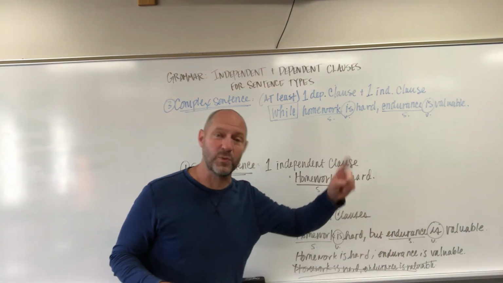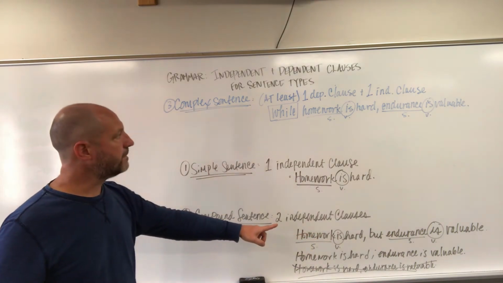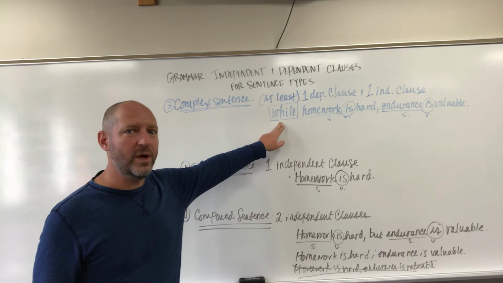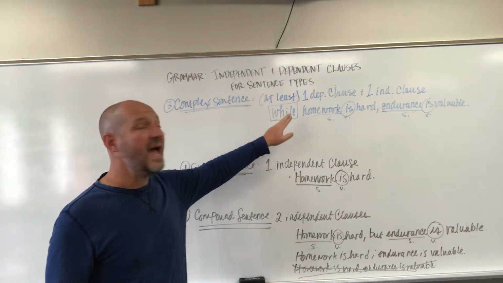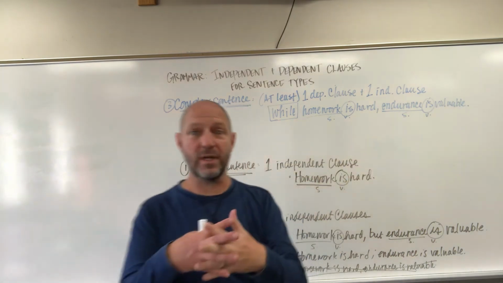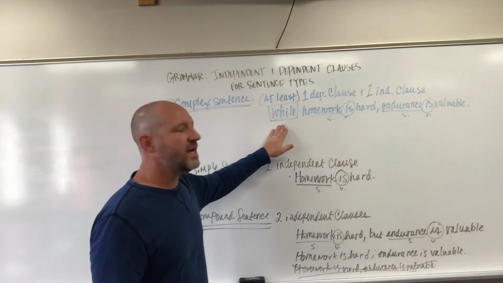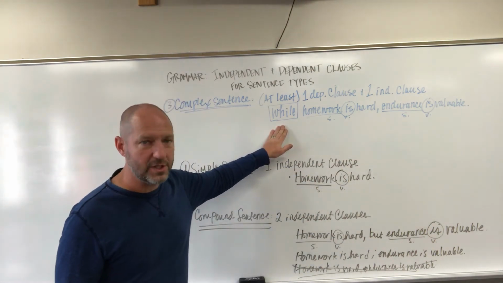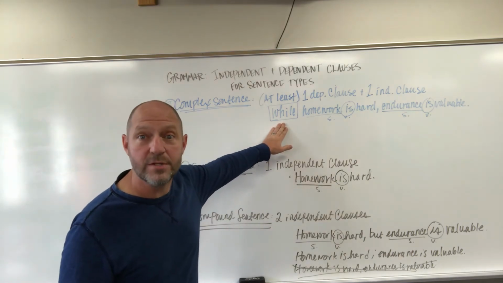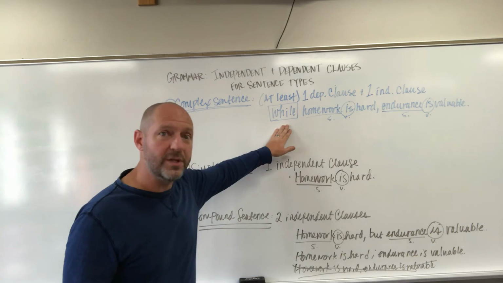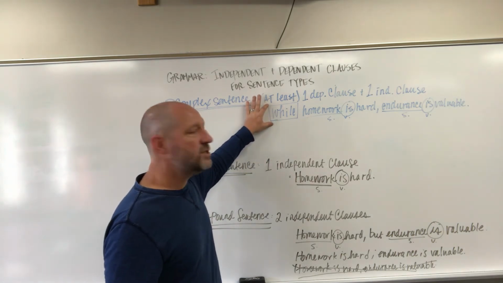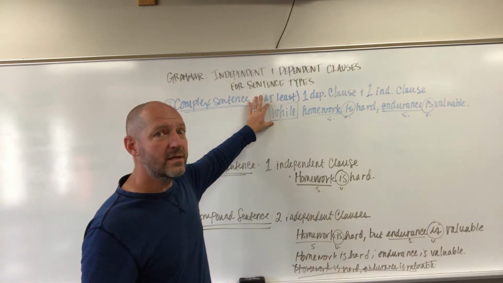Did we not? Yes, we did. So if we have this while, it is going to mean that we have to connect this with something else. That's what conjunctions do. And this is a subordinating conjunction. It is called that because it has turned this into a subordinate clause, which we also call a dependent clause, all right? So this has made it into a subordinate clause.